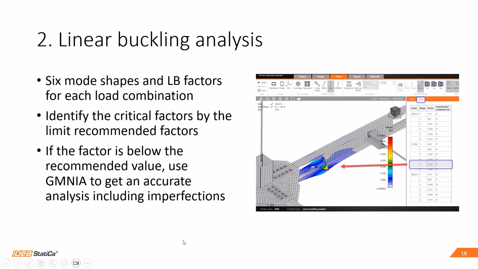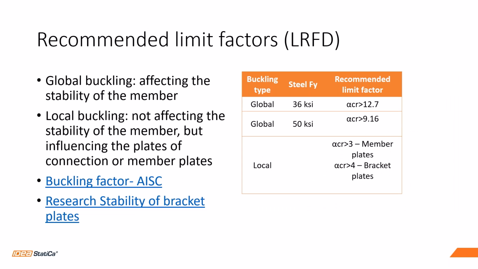When we run the linear buckling analysis, as I showed you, you will have 6 mode shapes for every load combination. You identify the critical factors. And how do you identify that? Well, you can use the recommended limit factors that we have. If the factor is below the recommended value, you can use the geometrical nonlinear analysis to get an accurate analysis, including imperfections. These are the recommended limit factors for LRFD.